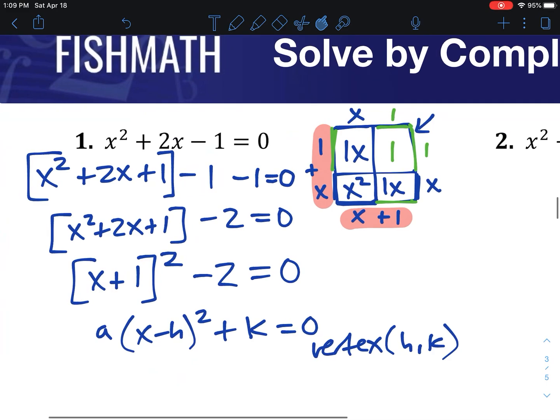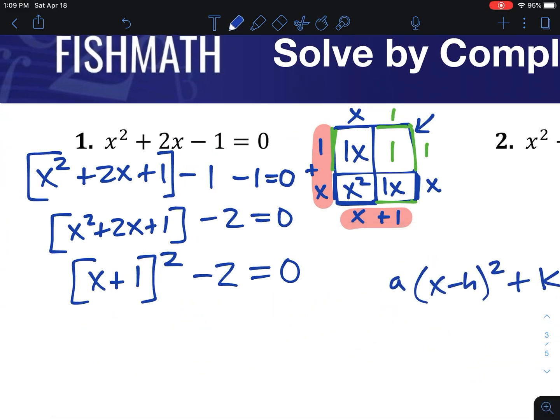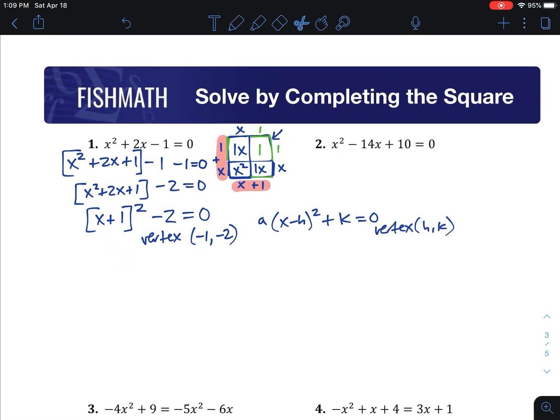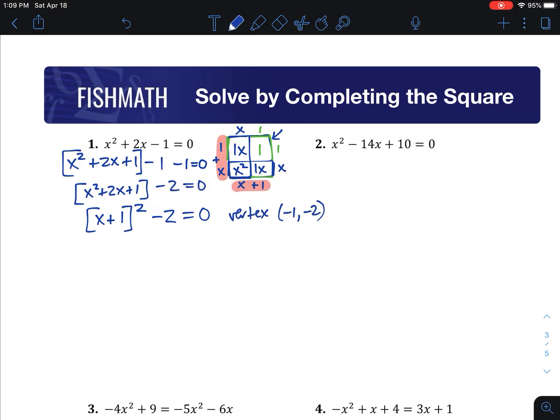Looking at this, our vertex would be the opposite of what's happening to x, so it'd be (-1, -2). We don't actually need that here in order to solve it, but that is true for this problem.